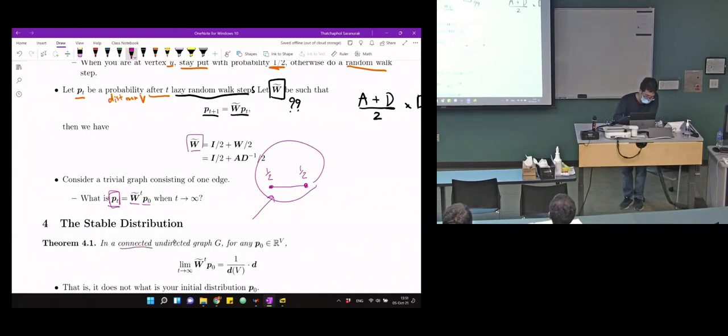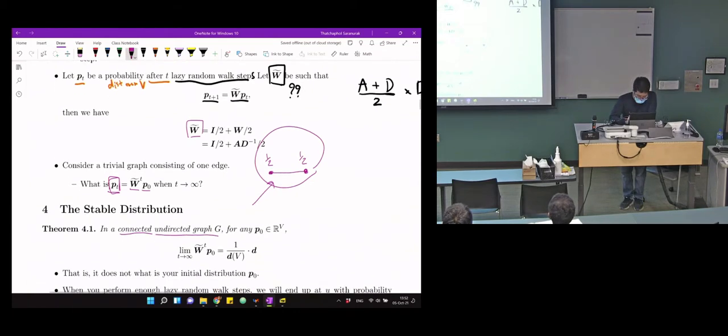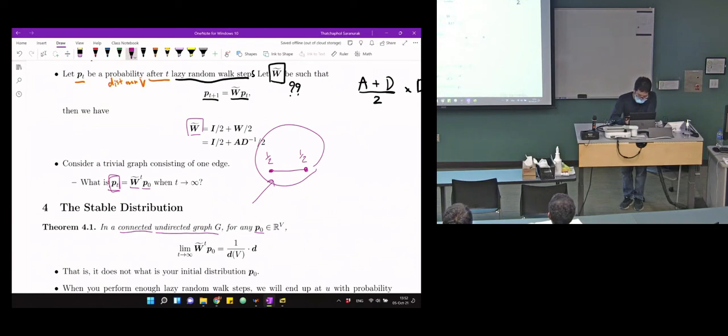That is, if you are given a connected undirected graph, and you choose any initial probability distribution, it can be at one vertex or an arbitrary distribution, and you apply lazy random walk steps for long enough, you're going to get some vector, which is just the degree vector, normalized by some constant.